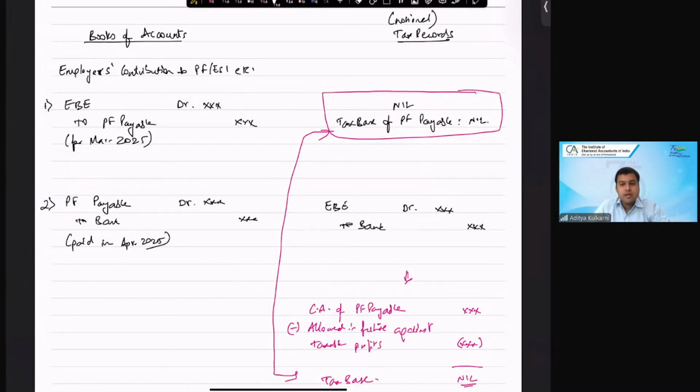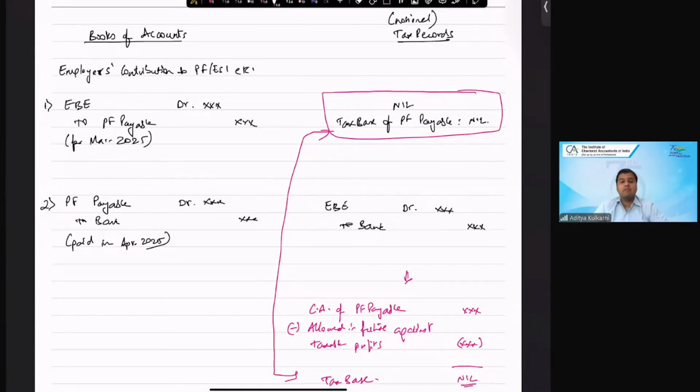Yes, sir. If I'm notionally preparing a tax balance sheet, I will not accrue this cost. So it will not have any balance in the tax balance sheet because this is an expense which is allowed only on payment basis, on cash basis. So we will not take the accrual for the purposes of preparing the tax balance sheet.